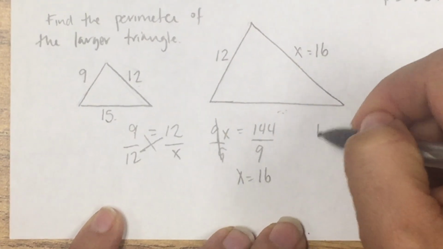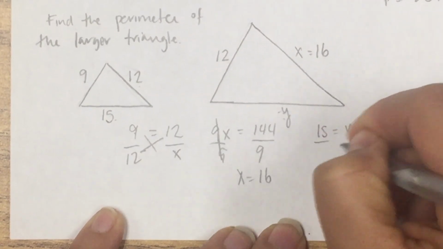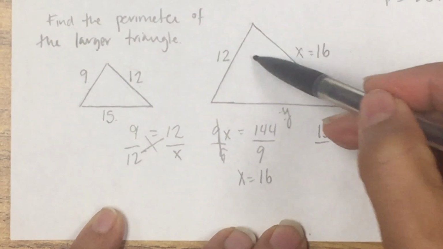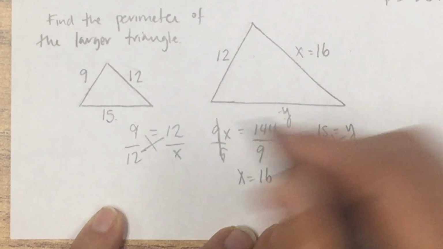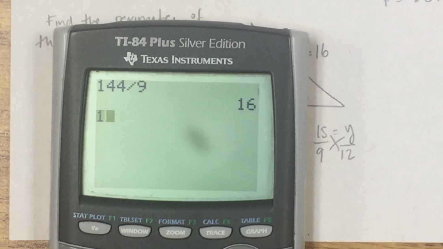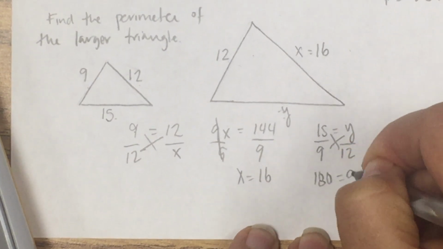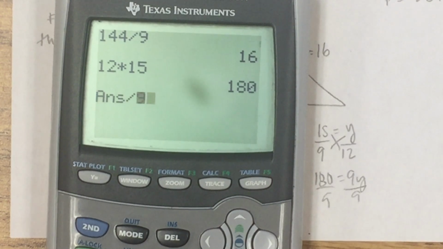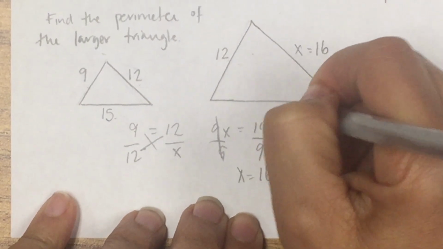So 15, let's call this y. 15 goes with y. You can do one of the other ones. You can do 12 goes with 16 or 9 goes with 12. Let's go 9 goes with 12. Cross multiply and divide. So 12 times 15 is 180. 180 equals 9y. Divide by 9. Y is equal to 20.